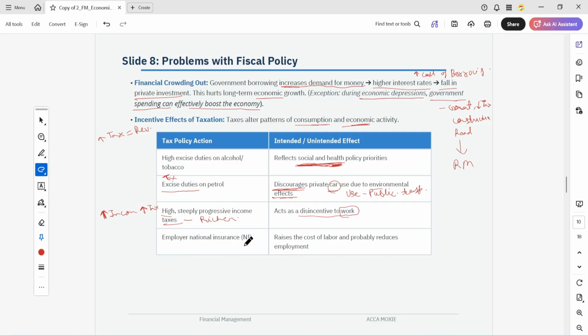Employer national insurance raises the cost of labor and probably reduces employment. Okay, so that is the insurance.